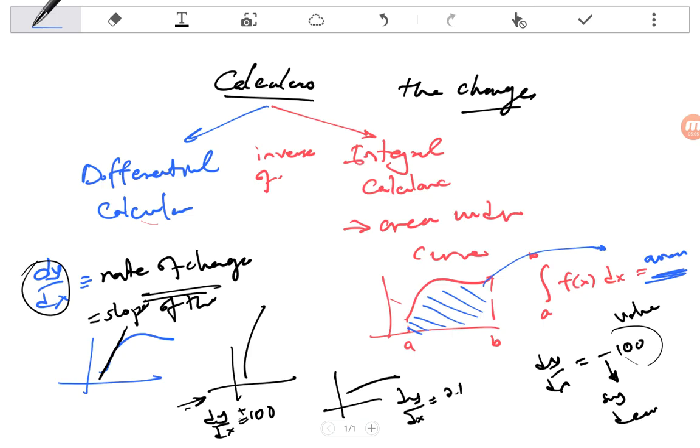Why? I will tell you in this lecture. First, if we need to find the area under the curve, for some curve like this, A to B, let's think how to find this area.